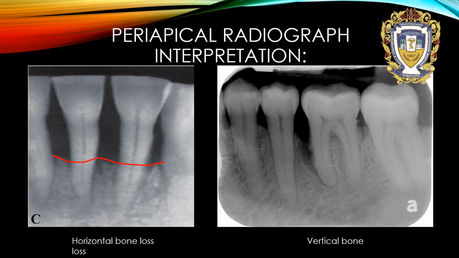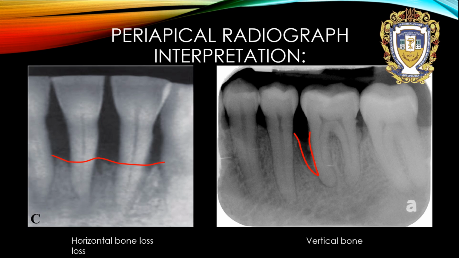In the left picture, horizontal bone loss is shown. A reason can be inflammation like parodontitis. But in the right picture, vertical bone loss is shown. The reason for this situation can be overloading of this tooth, over contact, and chronic occlusal trauma.